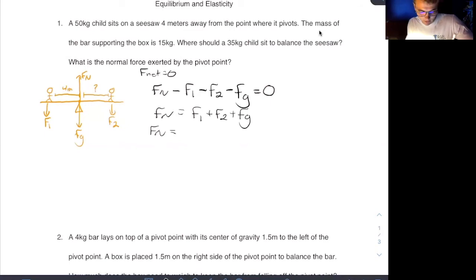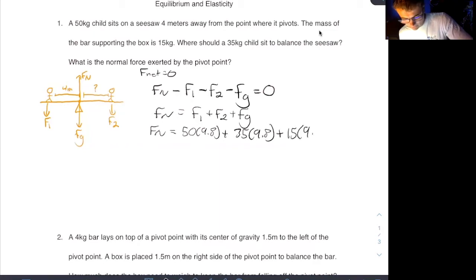F1 is 50 times 9.8, F2 is 35 times 9.8, and the force due to gravity is 15 times 9.8.